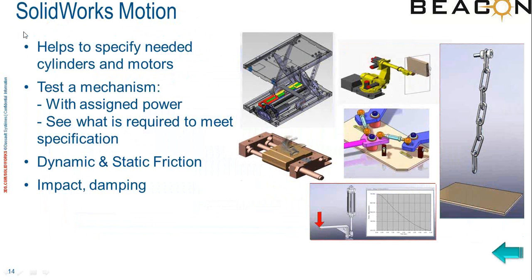Test the mechanism whether your assembly is working fine or not. We have options of giving different frictions. We can give dynamic frictions, static frictions. We can take damping into consideration. But then I just wanted to switch quickly to SolidWorks, and I wanted to wrap it up soon.